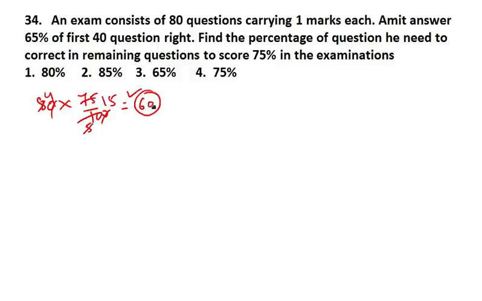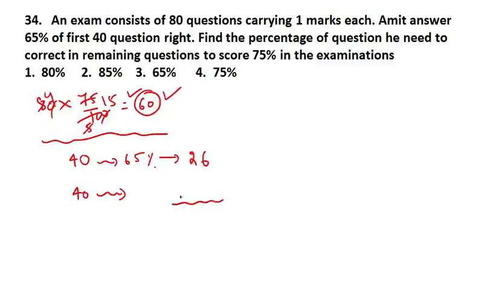If he gets 60 marks, it is going to be 75%. Fine. This is in real number. Now go as per the question. Out of 80 he has answered 40, and in 40 he got 65% right. Means out of 40 how much right in real number? It is 26.